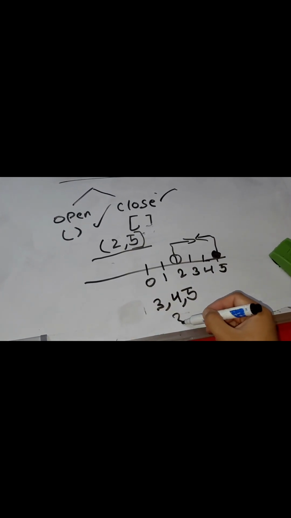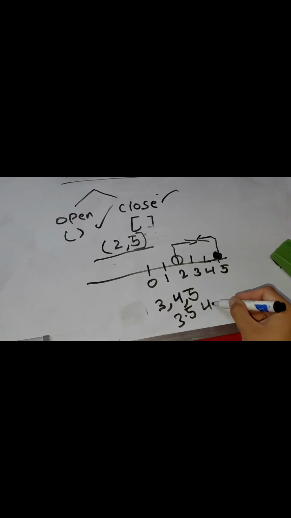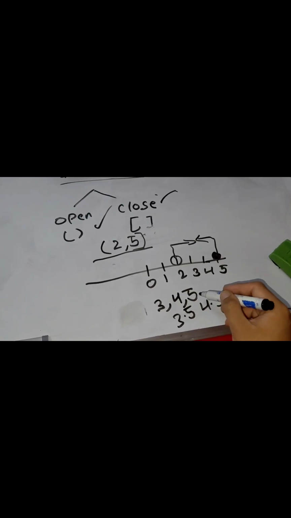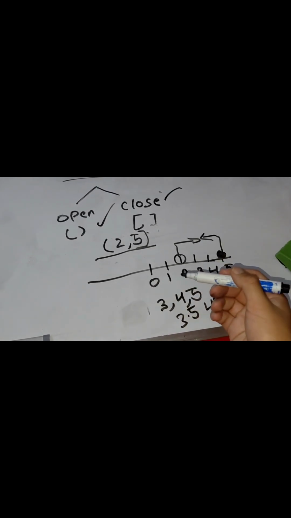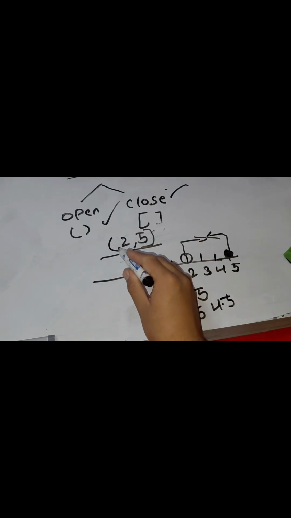It can't be 2। र 3 र 4 को बिचमा जुन पनि नम्बर छ 3.5, 4.5 यिनीहरू पनि पर्न सक्छ, बट एउटा कुन नम्बर हुनै सक्दैन, this is the number 2.